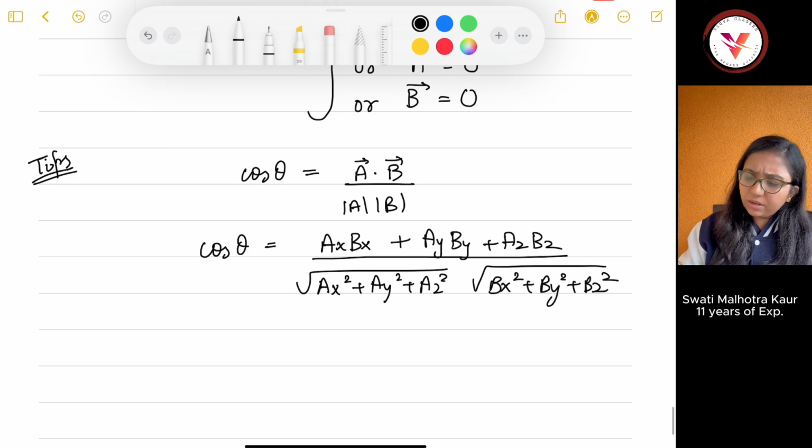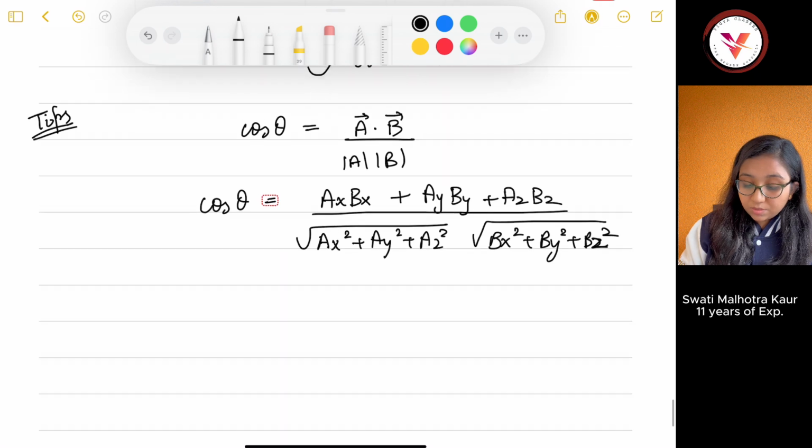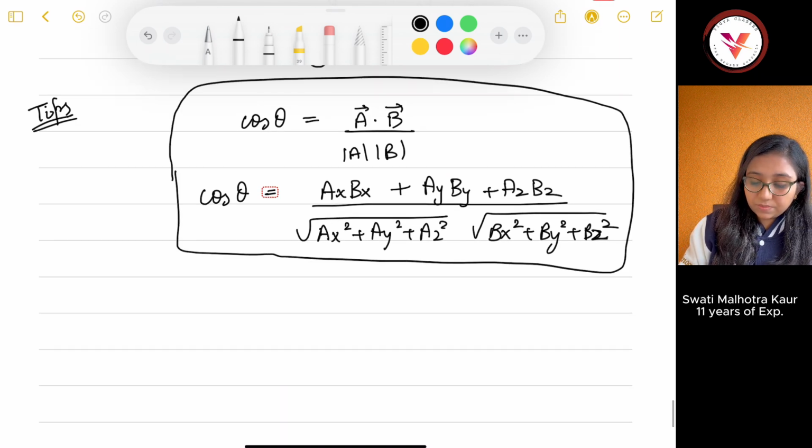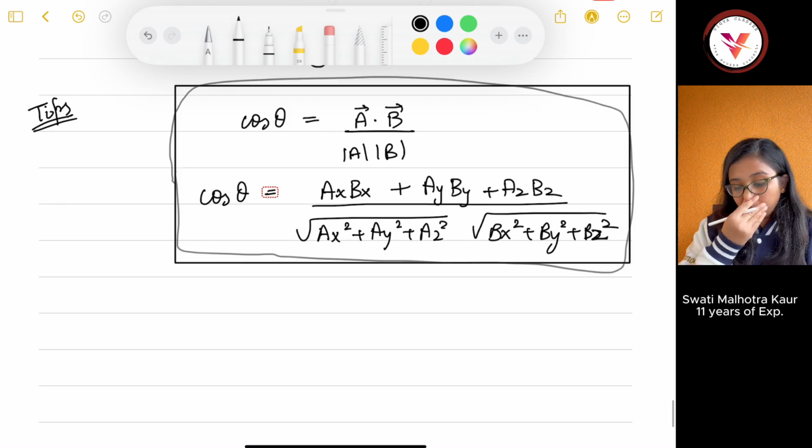We have already done one question on this to calculate cos theta in our last video. So this is the basic formula to calculate cos theta.